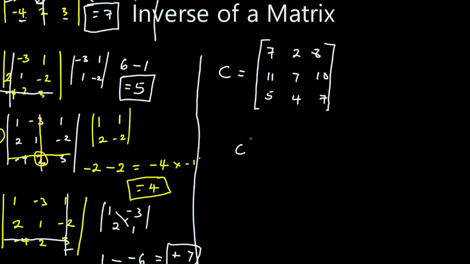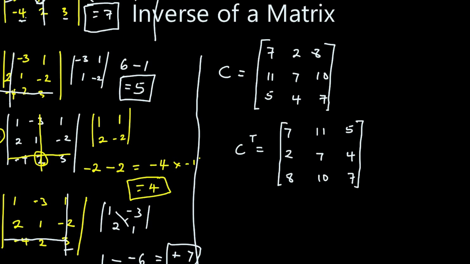You remember we said you interchange the rows and the columns. So we'll have 7, 2, 8. We have 11, 7, 10. And lastly, we have 5, 4, 7. This becomes the CT.